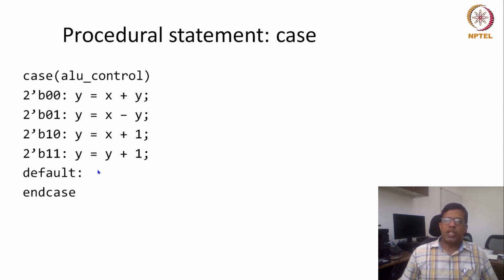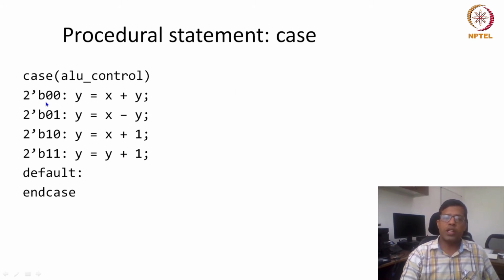So you see, in case of Verilog, any particular bit or any particular wire can take 4 values: 0, 1, x, and z. So if the value of ALU control is, let's say, xx, or basically unknown, then what should be the output? It should depend on the default case.